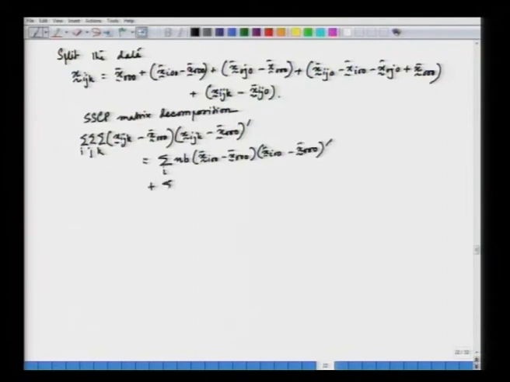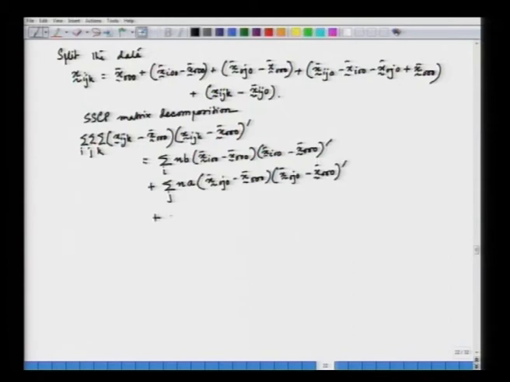Next, I am considering the sum over j, which means I have taken care of the sum over i and k. So, I have n and a here, and then I have factors x naught j naught, and the triple zeros are coming in this one.